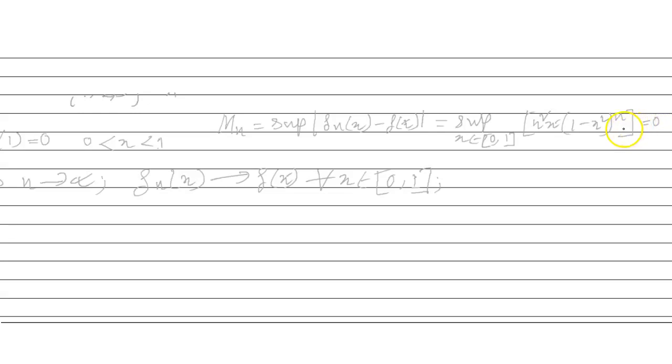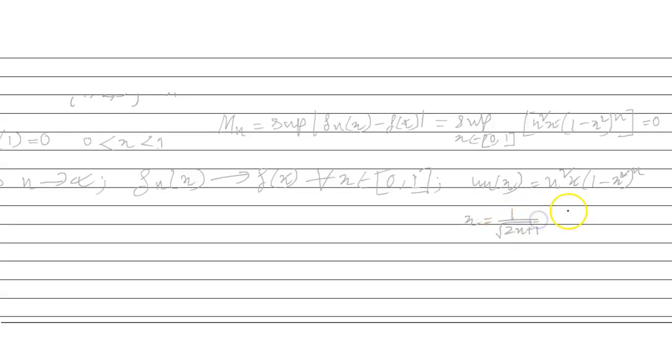So by the Mn test, Mn equals to 0, and fn(x) equals n square x (1 minus x square) whole to the power n.